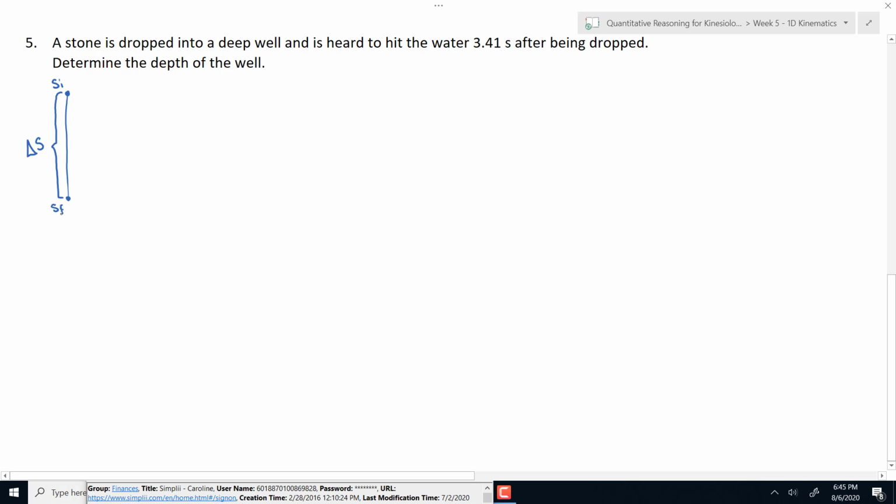Now if we're going to say up is positive, and I'll denote that just to make it very clear by writing positive is upwards, then what should we expect to get for a delta S? We went from a high value to a low value. So when you subtract, remember we said delta S is equal to S final minus S initial.